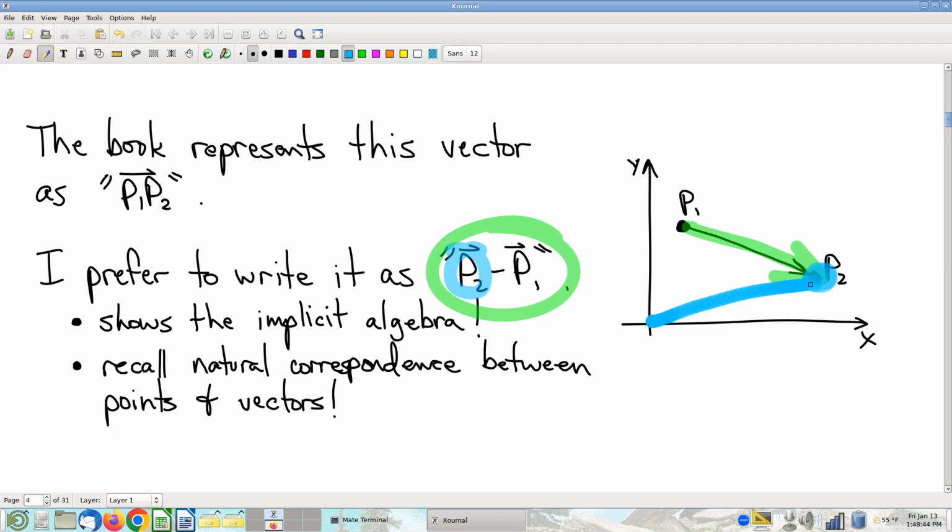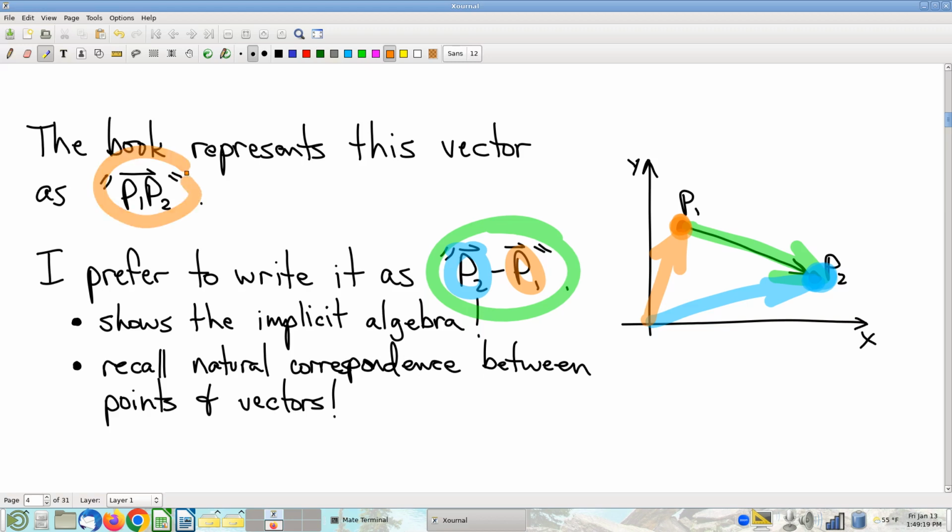But you can choose instead to think of it as the position vector for that point. And P1, likewise, you can think of as that position vector. So then the green vector that we're interested in, you can see from the vector algebra of this picture, it's very reasonable to write as P2 minus P1.